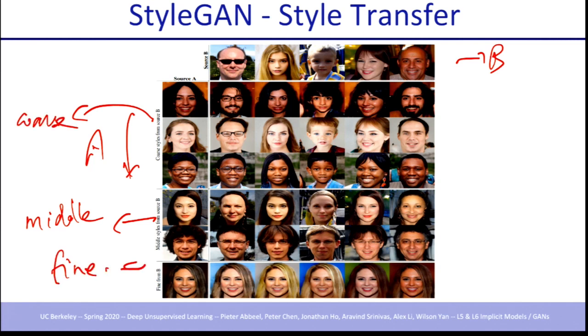So you can see that when it's doing the middle, when it's doing the coarse things, it's retaining all the backgrounds from source A and taking the other aspects from source B. Whereas when it goes more middle and fine-grained in source A, it's retaining more fine-grained aspects like the eyes and the nose structure, everything. But it's taking things like the hairstyle and the background from source B.